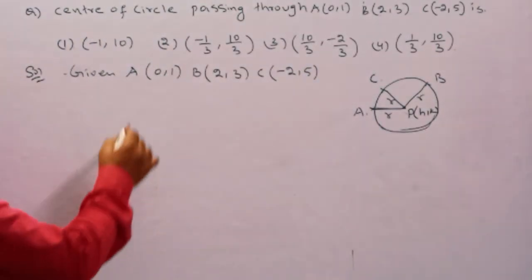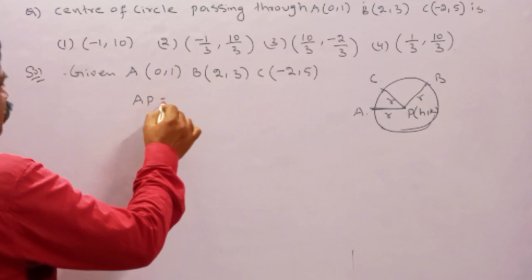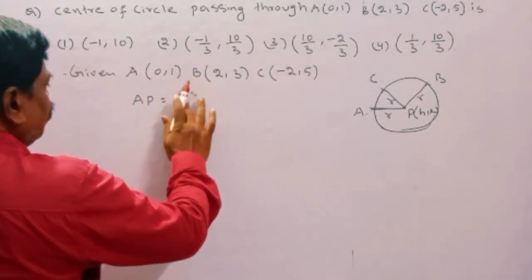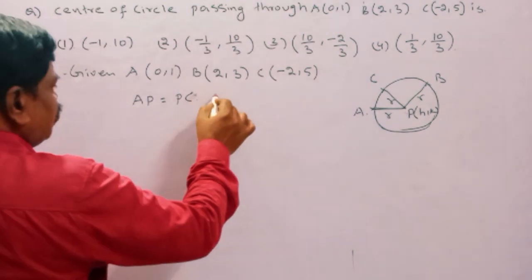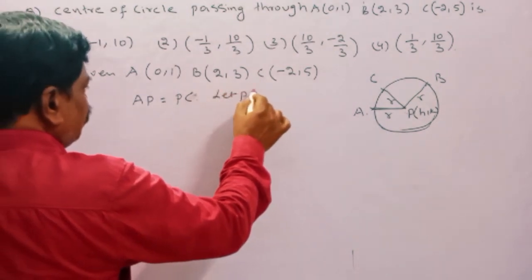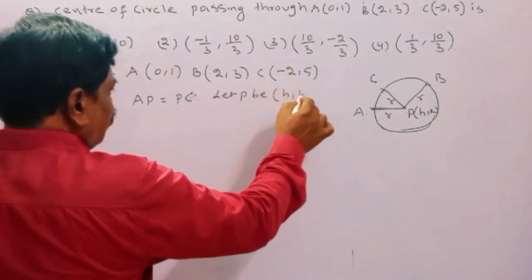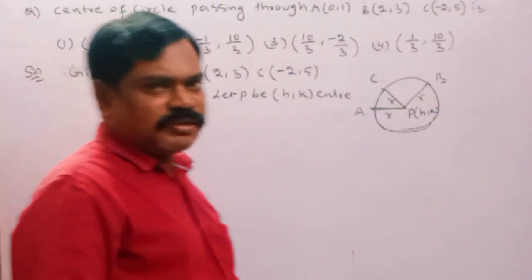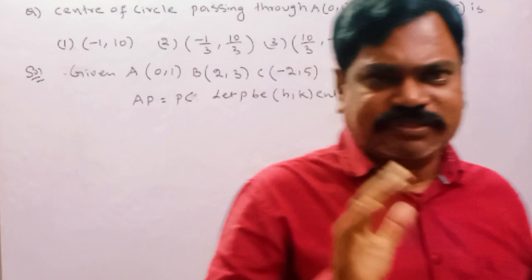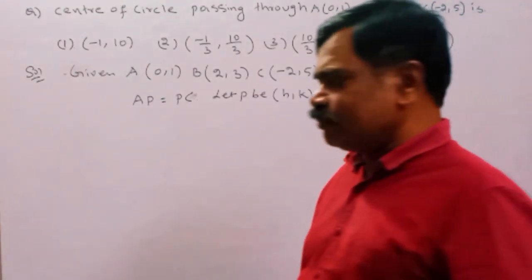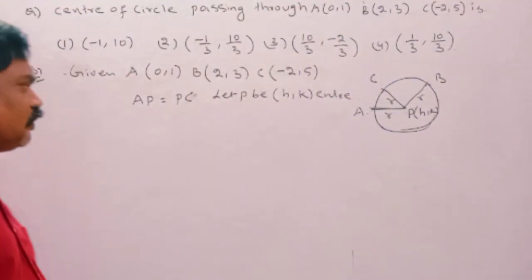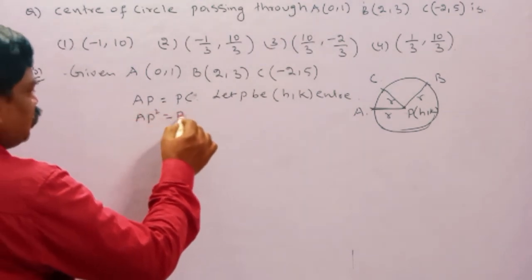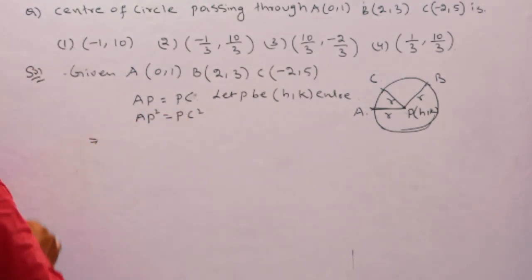So AP is equal to PC. Let P be H comma K, the center. Then AP square is equal to PC square.